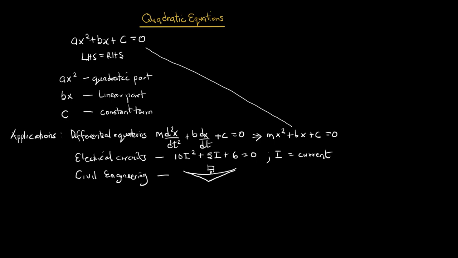You can see that this is what we call a parabola. And when we talk about parabolas, we're talking about it represented in the form ax squared plus bx plus c is equal to 0. So you can see that this has lots of applications in engineering. This is just a few of them that I can highlight.